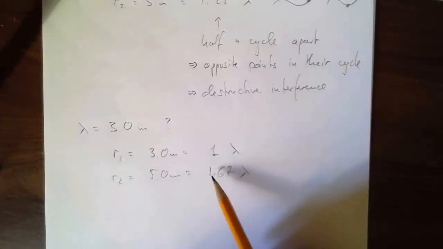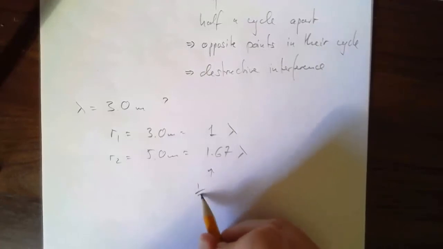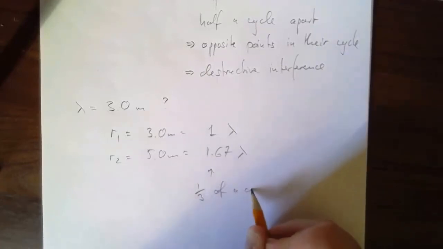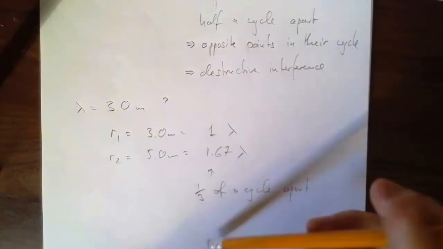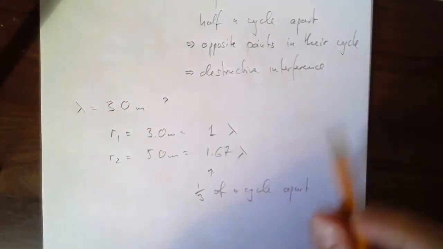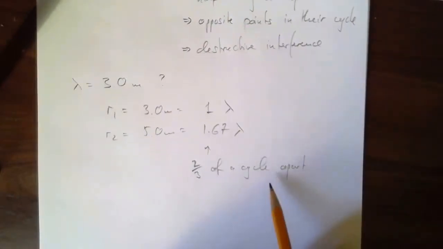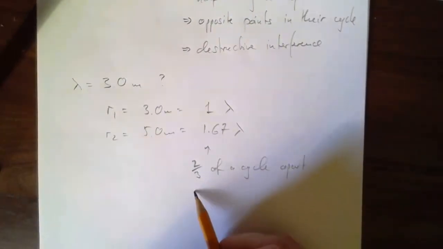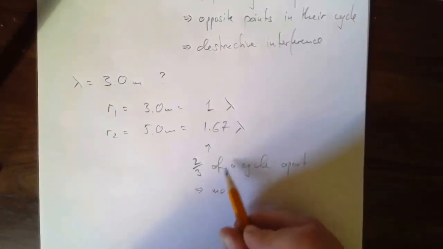So they're not exactly opposite. It would be 1/3 of a cycle apart. I guess technically it's 2/3, but 1/3 to the next full cycle is kind of the same thing, as it turns out. 2/3 of a cycle apart.